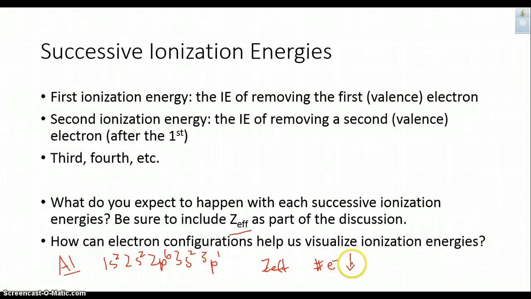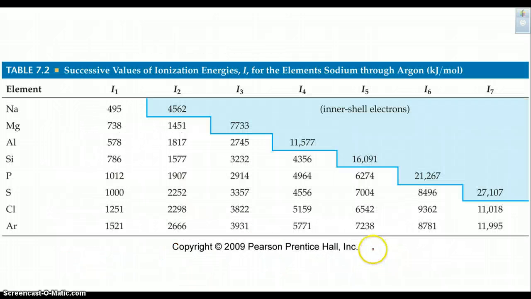So as these go down, the effective nuclear charge is distributed amongst fewer electrons, therefore it holds on to them tighter, and therefore requires more energy to remove them. And of course, the more electrons you remove, the tighter the remaining ones are being held by your effective nuclear charge. Therefore, the more ionization energy that's needed to remove them. So overall, your ionization energy will increase with every successive ionization.